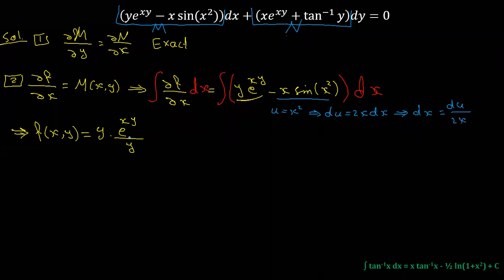So I'm going to write here minus the integral of x sine, instead of x squared you asked me to write u, times instead of dx I'm going to write du over 2x, and I'm going to cancel this x with this x. Okay, let me go back to the yellow.